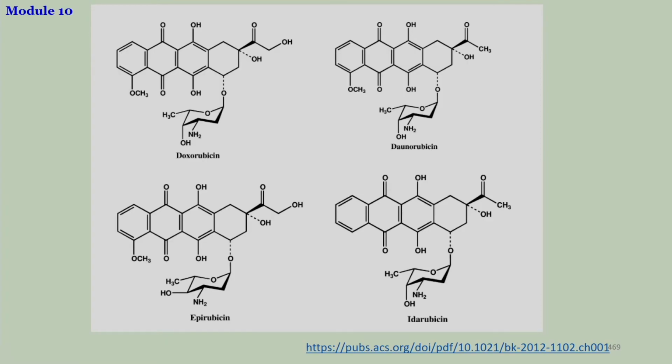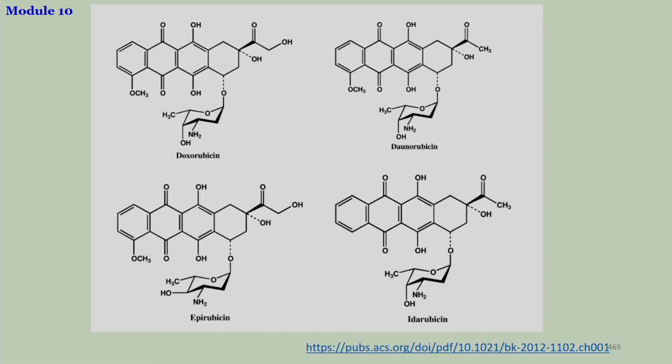Here, if you see, a lot of drugs, some of them natural products that you can isolate from natural sources and some synthesized, are very popular, well-known drugs. These are mostly anti-tumor agents. Doxorubicin is a very famous chemotherapeutic agent used in many different types of cancers.